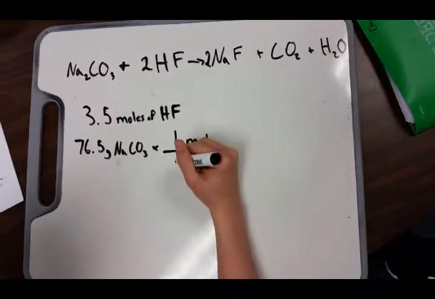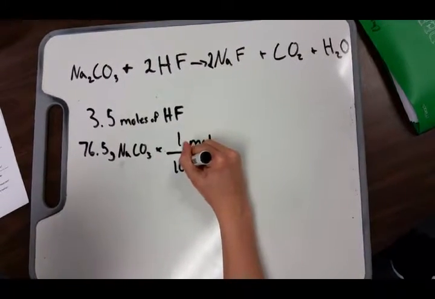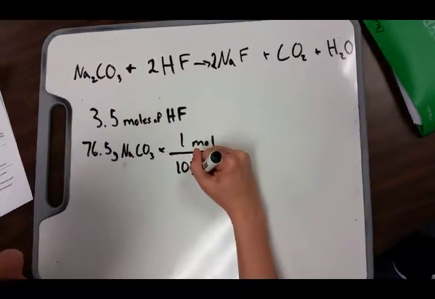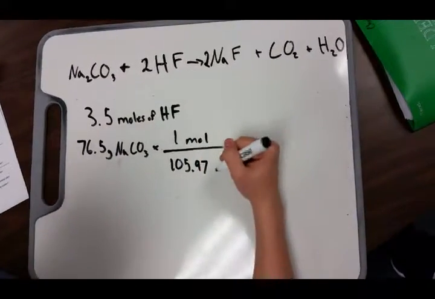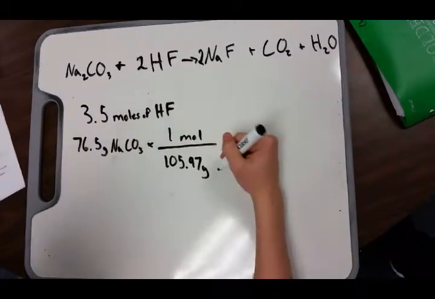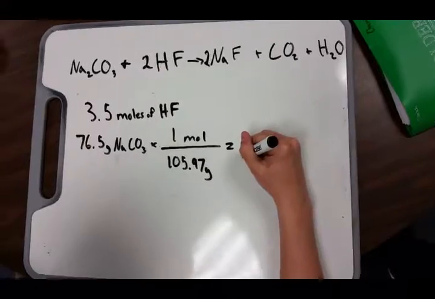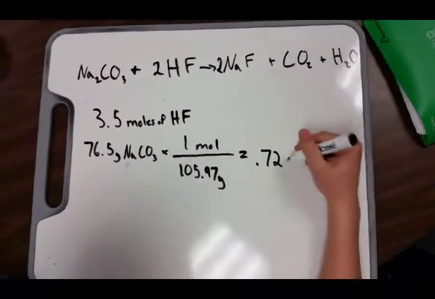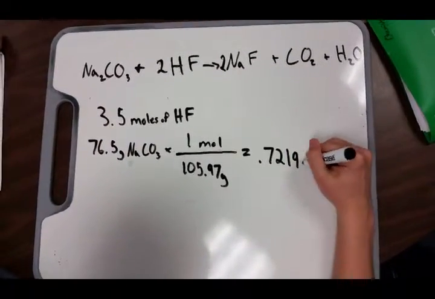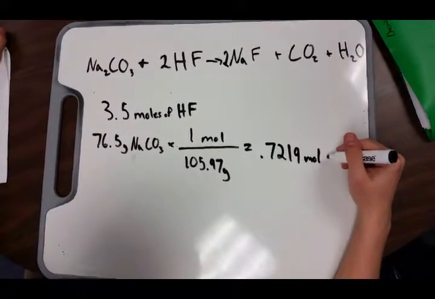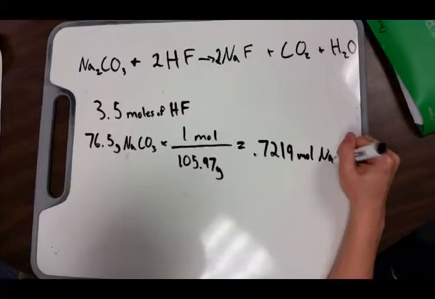What we want to do is put on top 1 mole and on the bottom the molar mass, which is 105.97 grams. So that comes out to equal 0.7219 moles of sodium carbonate.